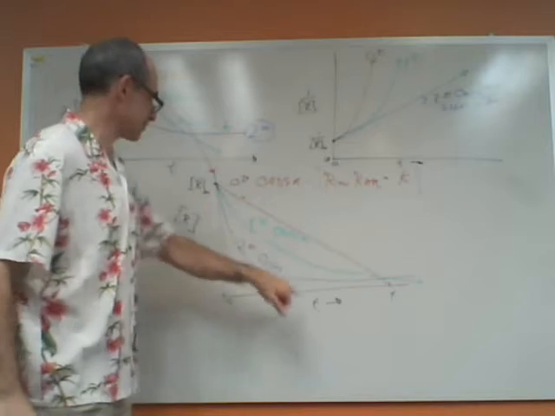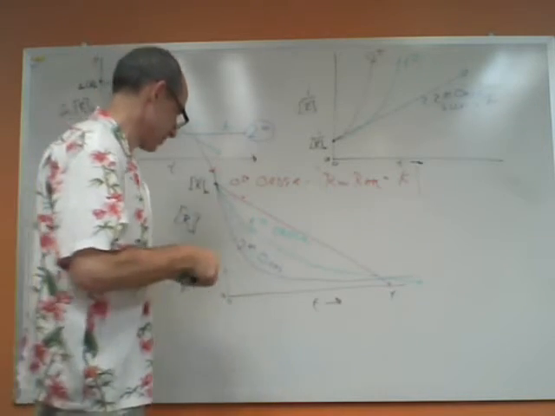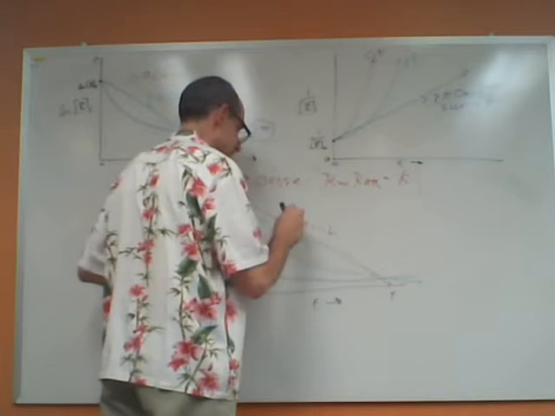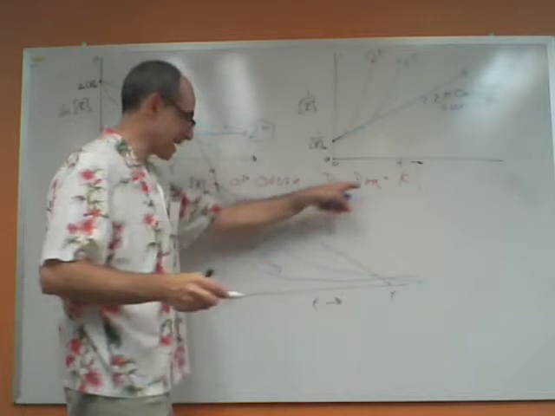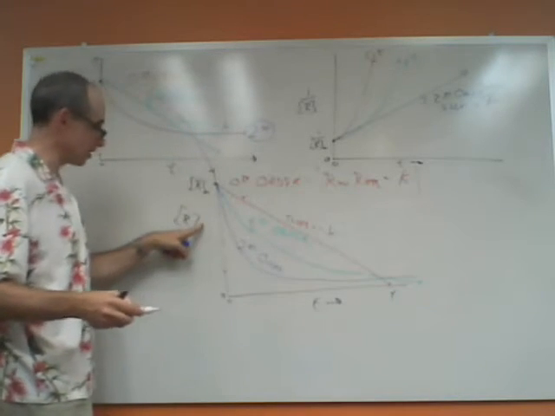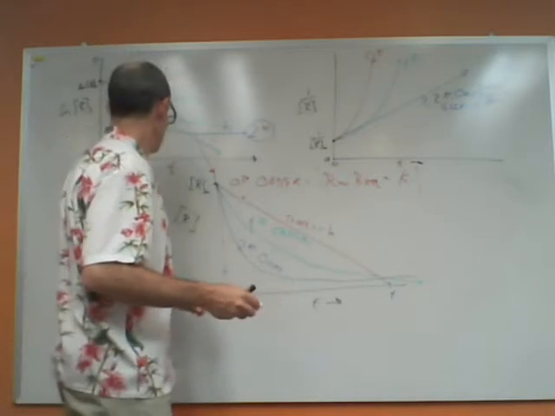The concentration versus time will be linear for a zeroth order reaction with a slope equal to negative k. In this particular case, the reaction rate is the same as the rate constant, and it has units of moles per liter per second.